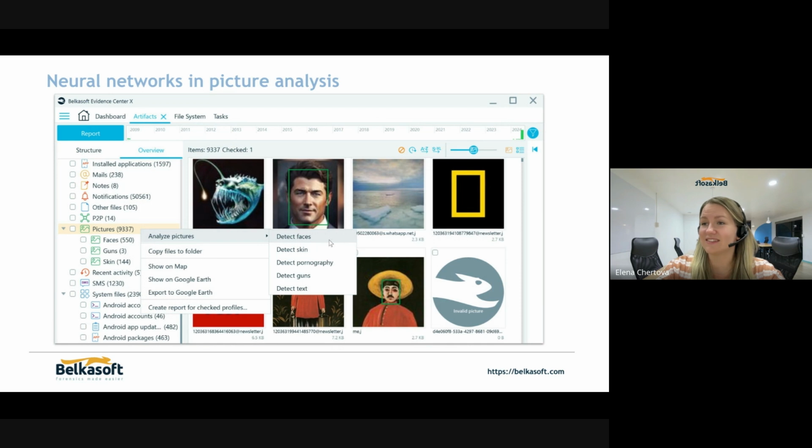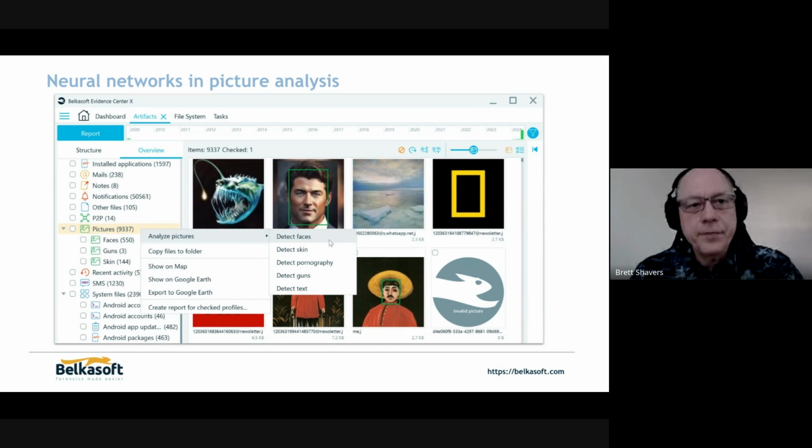And since we're talking about picture recognition, have you tried picture recognition in digital forensics? I think it was the first AI technology based on neural networks that was implemented. Yeah, and I like it. In many cases, you don't have to find every single piece of evidence to have enough for a case.